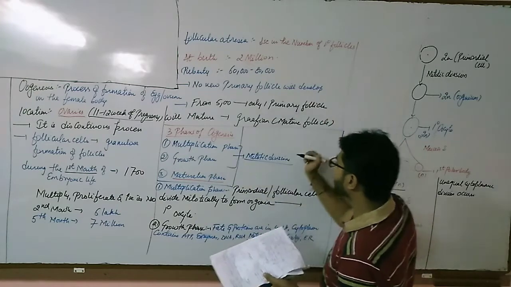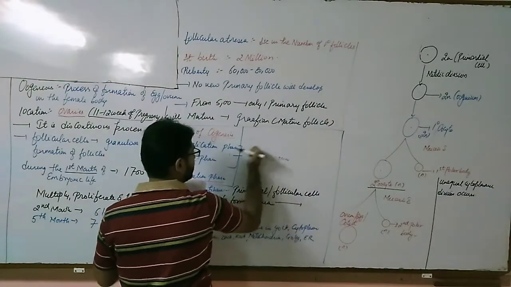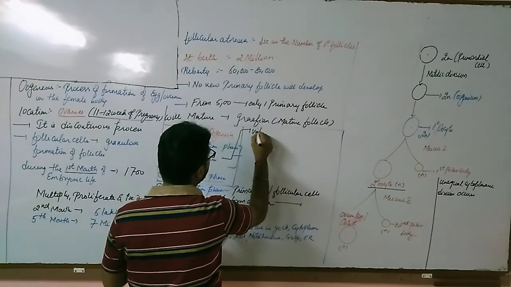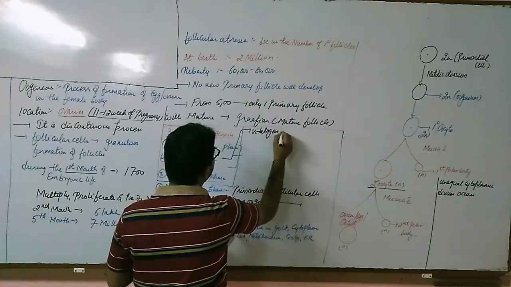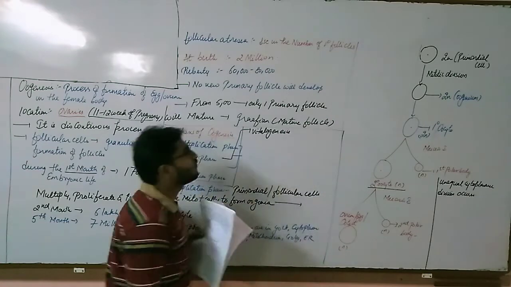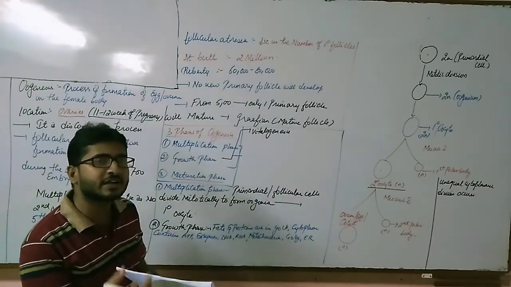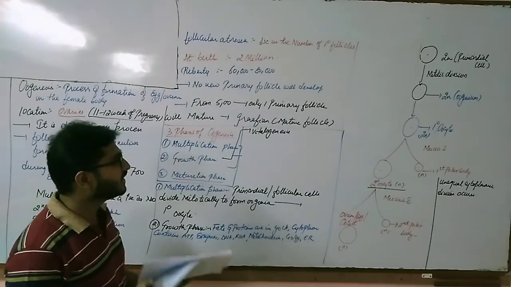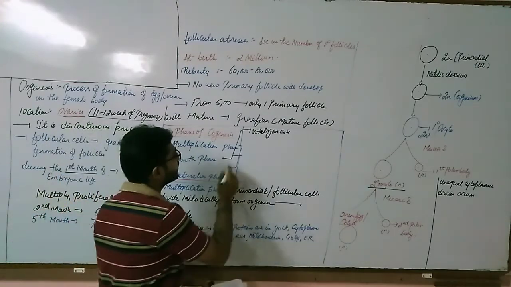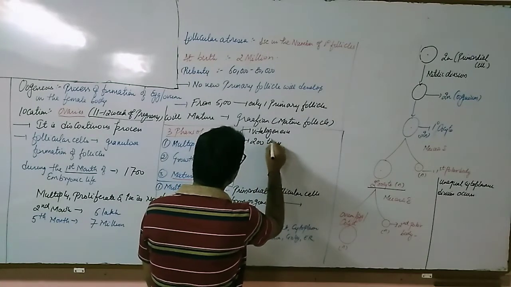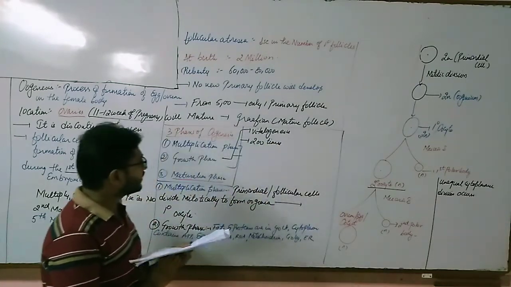Growth is totally dependent on vitellogenesis. Vitellogenesis is basically the accumulation of the yolk content in the egg cell, right? In case of human beings, the yolk content is approximately 200 times.